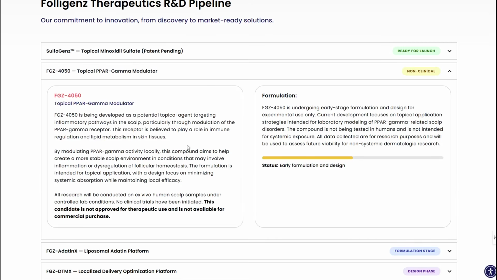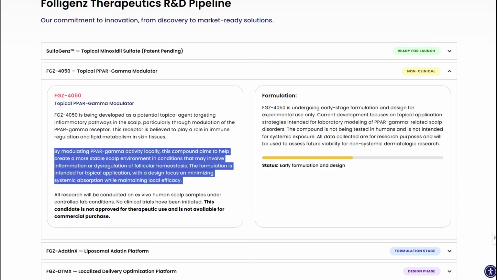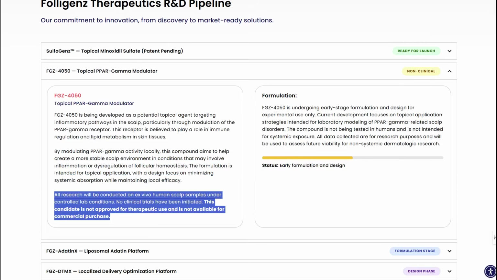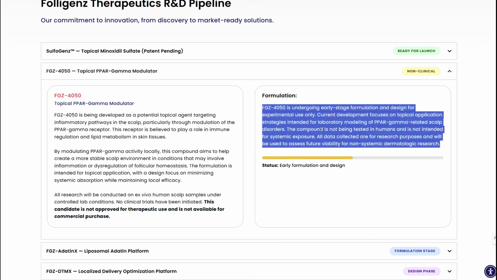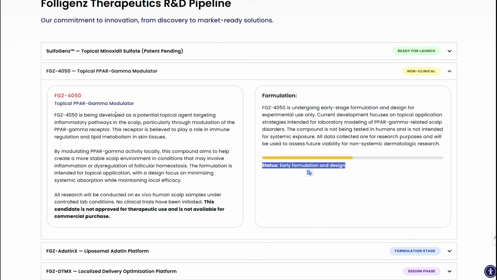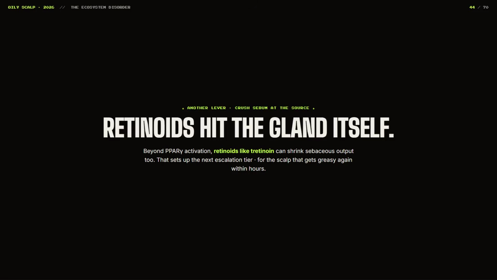Another aspect in treating an oily scalp, or in general oily skin, is possibly just crushing the oil in the sebaceous glands altogether. And there are some drugs that can do this. I've already mentioned PPARγ activation, but also retinoids like tretinoin can do this.